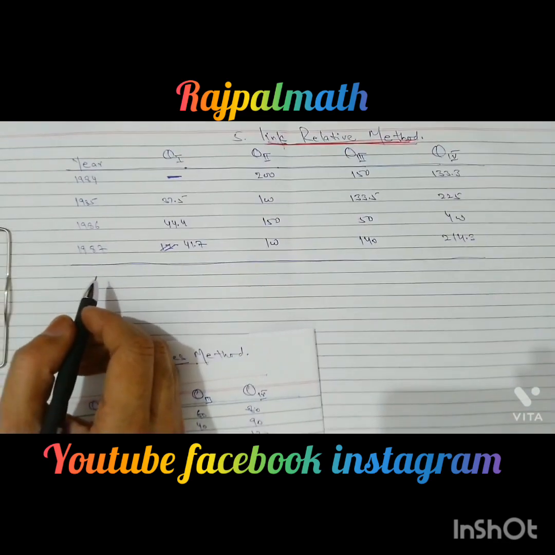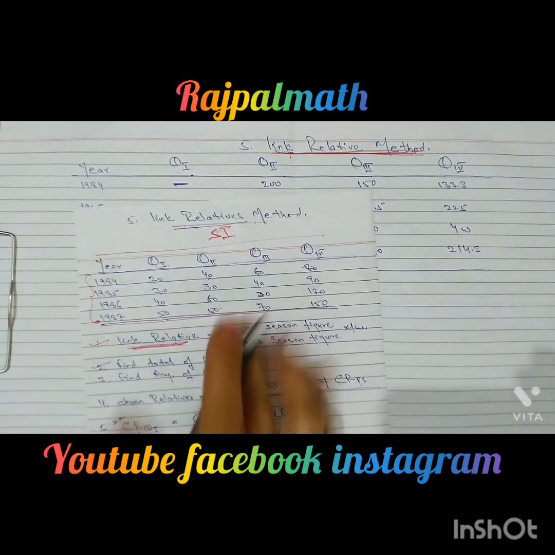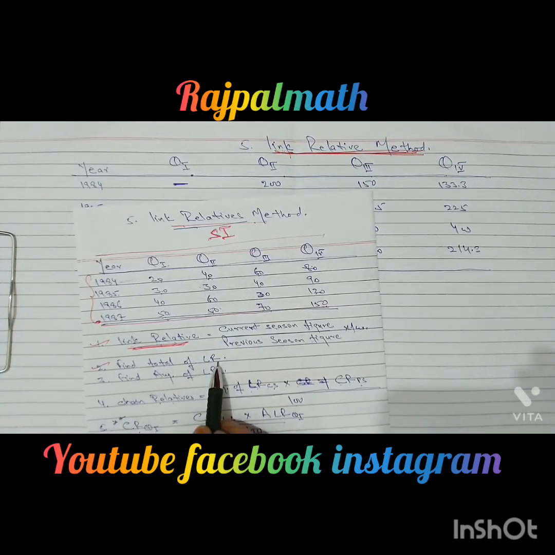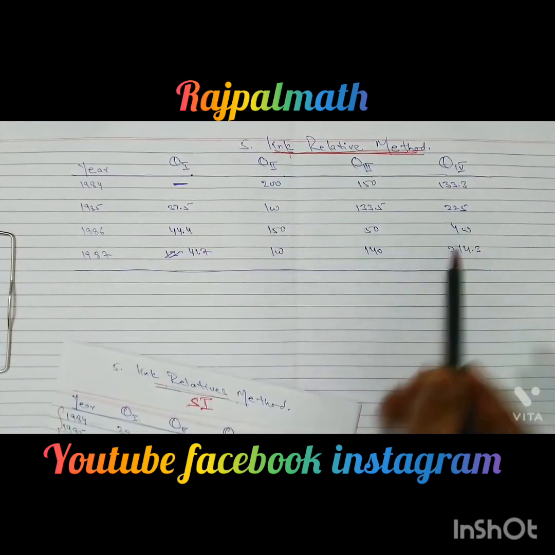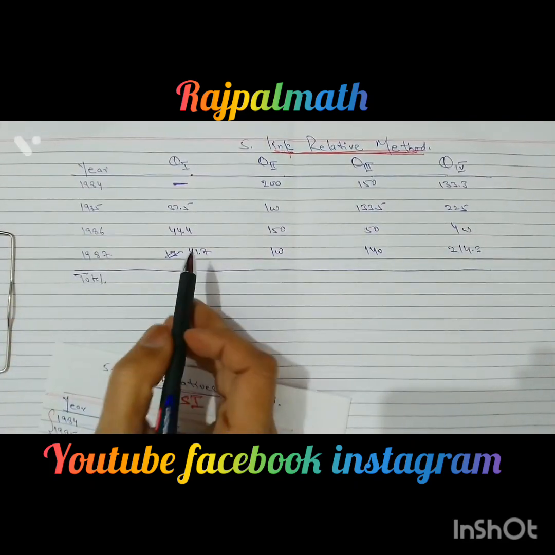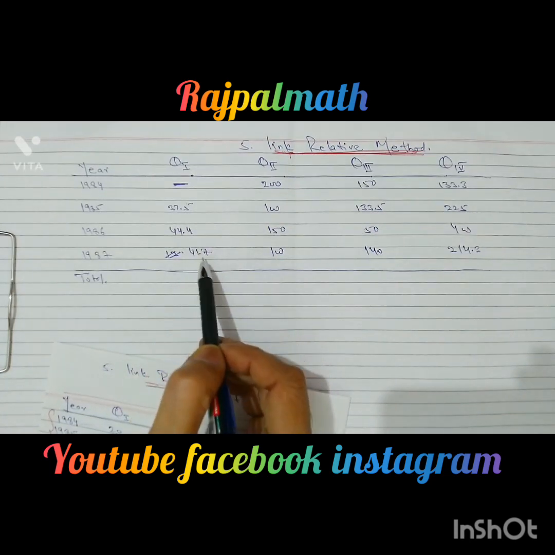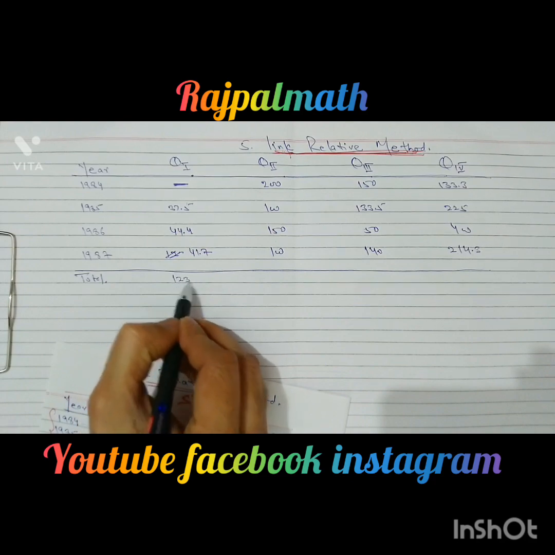Now next step. Step number 2 is find total of LRs, link relatives. Total is this plus this plus this, 123.6.